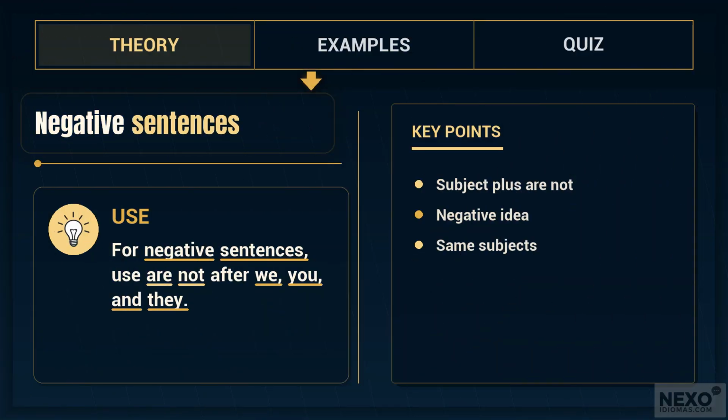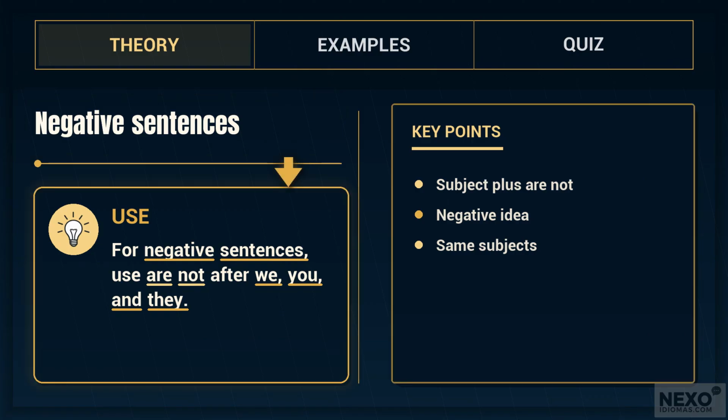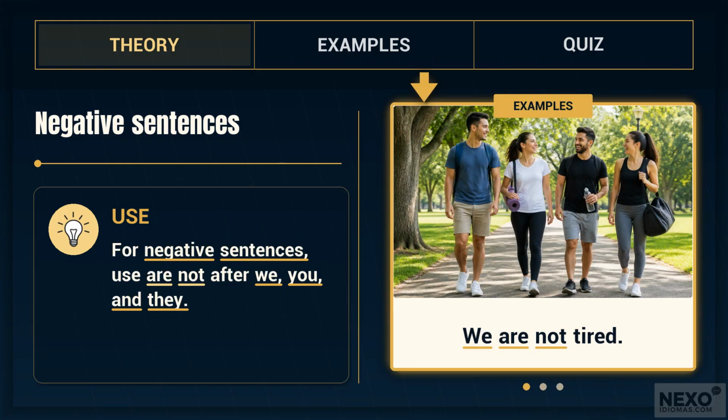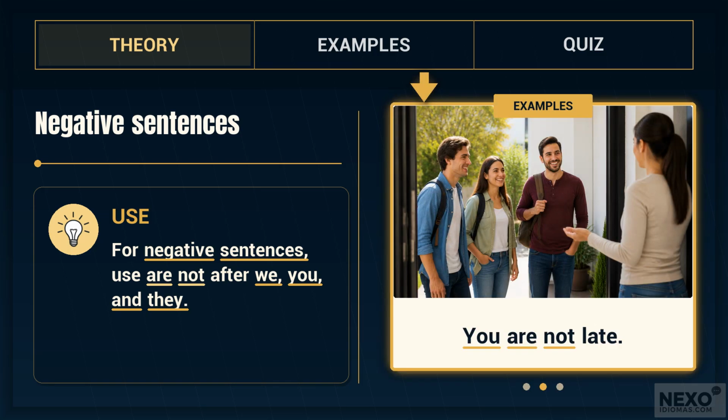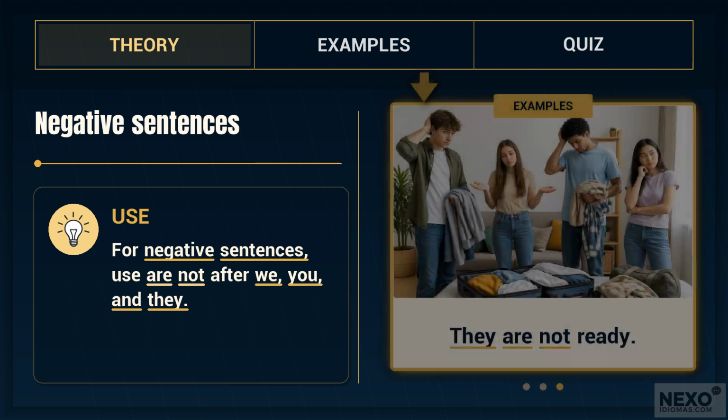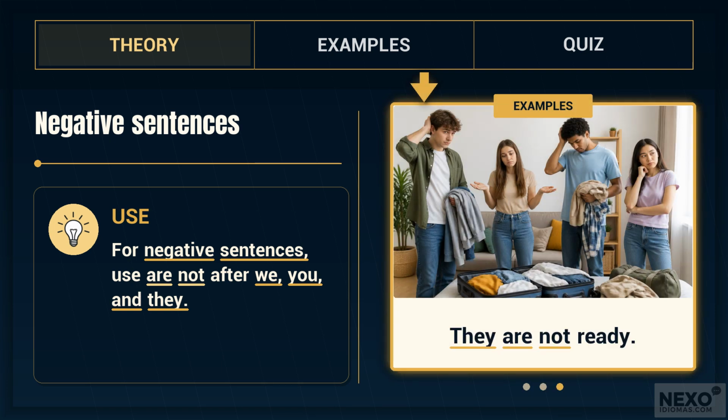Negative sentences. For negative sentences, use are not after we, you, and they. Example. We are not tired. Example. You are not late. Example.